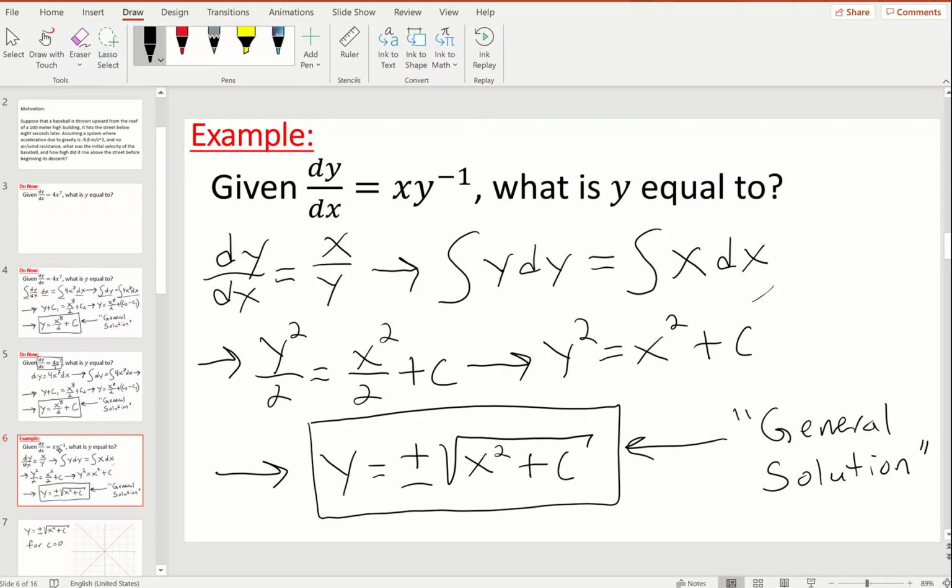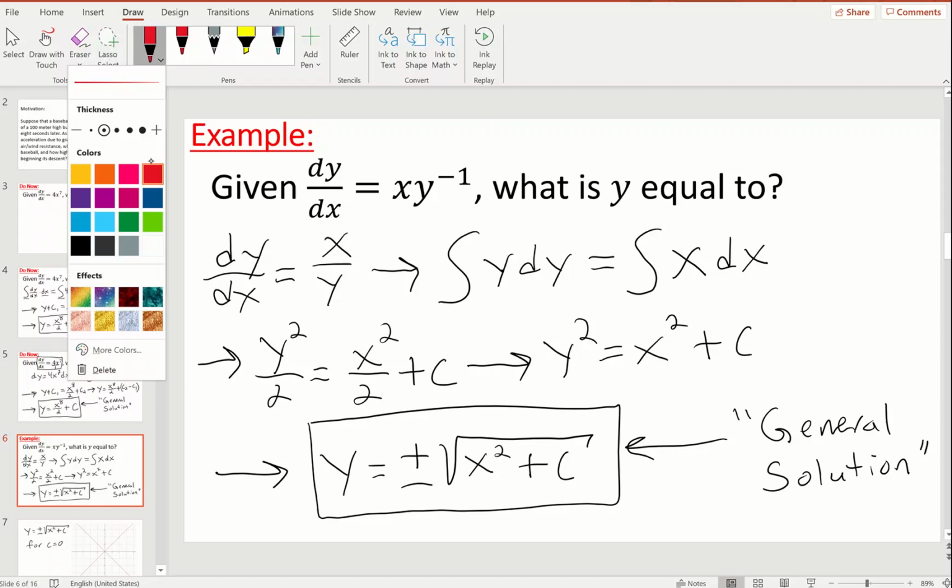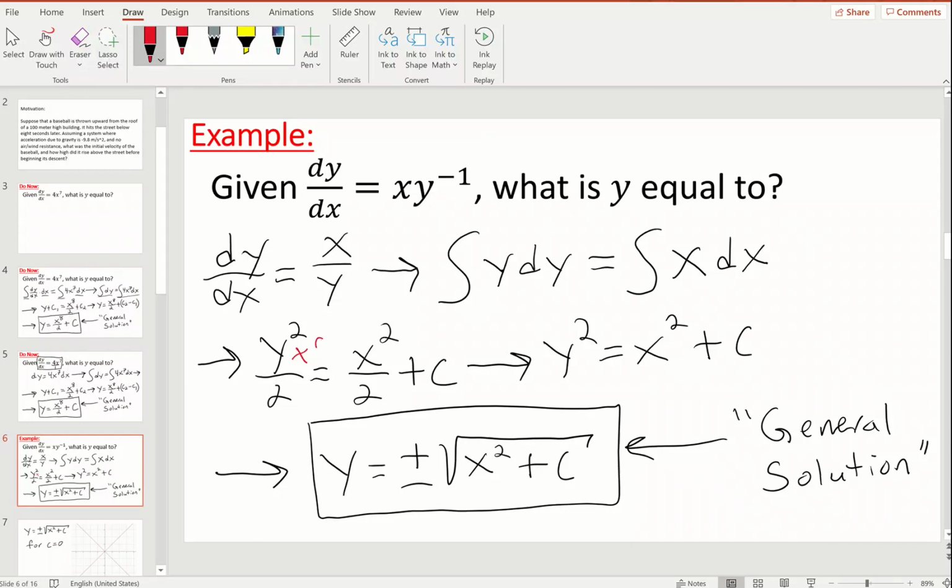And then, of course, what I'll do next is integrate. All right, so integrating the left side, y dy, I get y squared over 2. In integrating the right side, I get x squared over 2 plus c. Now you'll notice that I should technically have a plus c1 here, and this should be a plus c2.